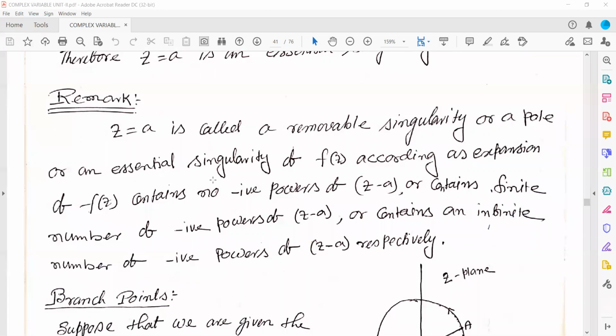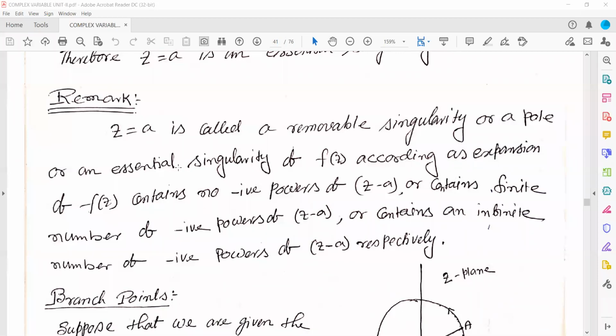Now I'm going to tell you the easiest way of checking whether the given singularity is a removable singularity, a pole or an essential singularity.